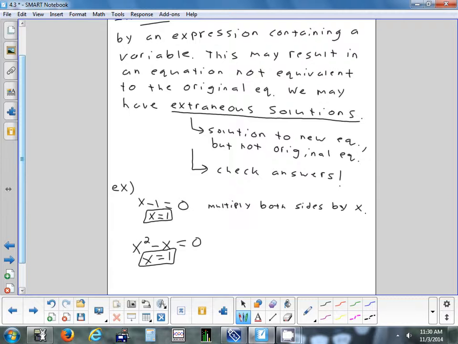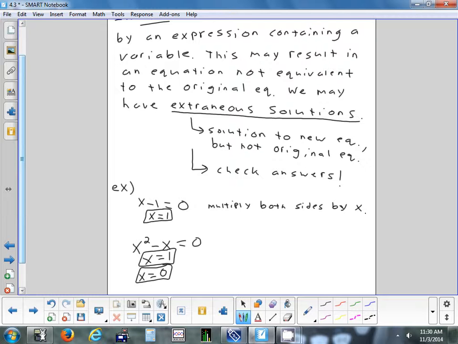Yeah? 0. 0 is a solution to this new equation that I formed by multiplying both sides by x.